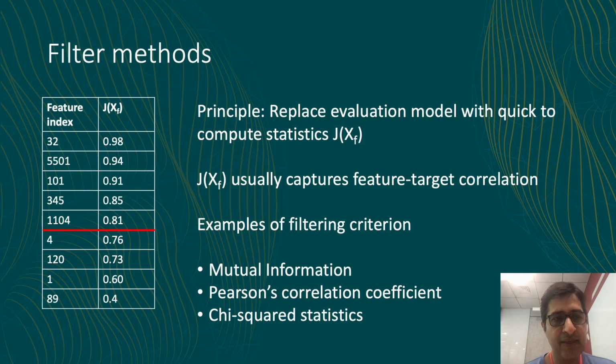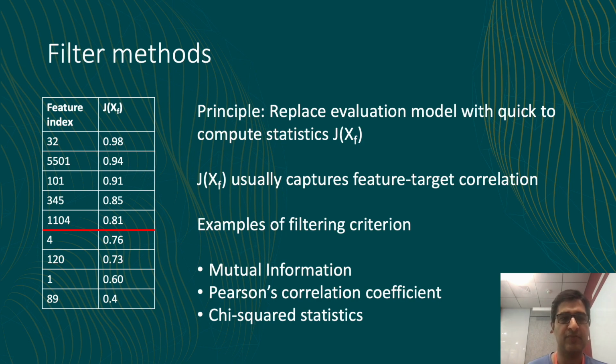The next set of methods are the filter methods, where essentially you have a statistic, let's say J, for each of the features, and you try to figure out the goodness of that feature. For example, in this particular example, the goodness of feature number 32 is 0.98, and then you order them in decreasing order of their goodness, and then you decide what your budget is.